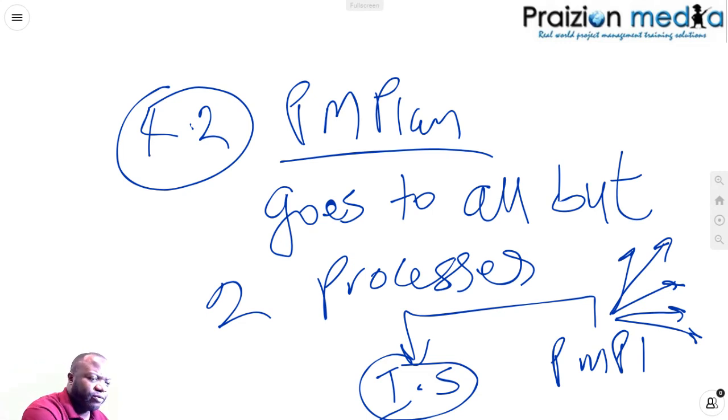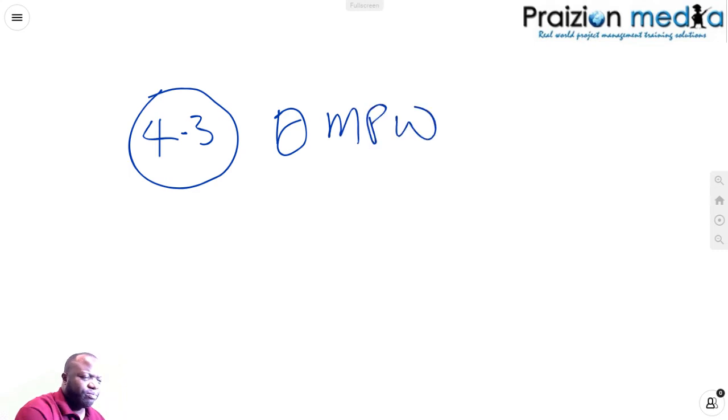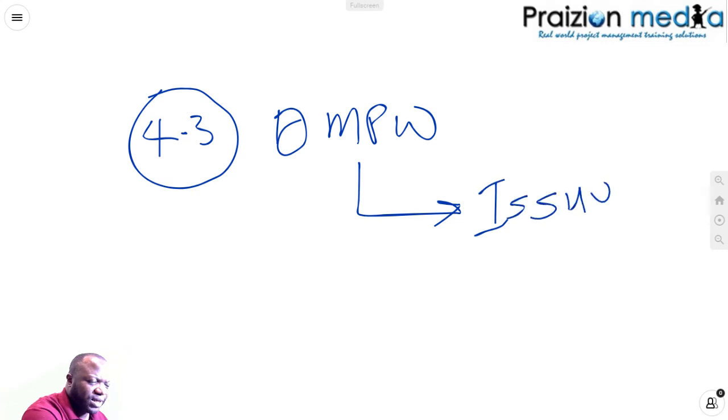Let's talk about 4.3 and what has changed in 4.3, direct and manage project work. One of the big changes here is that one of the outputs you get from direct and manage project work is now the issue log. This was not the case.